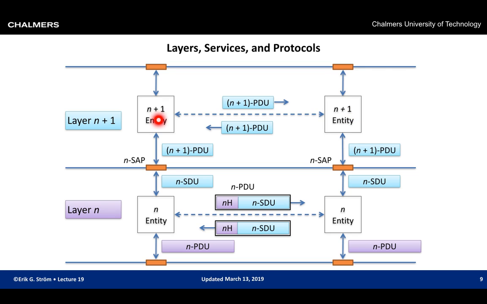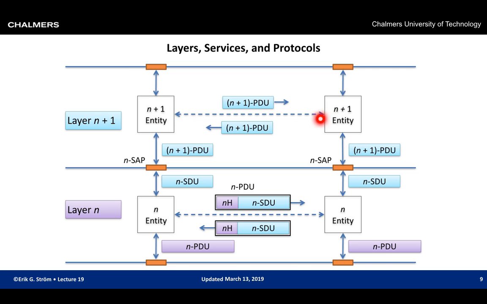What these entities do is exchange data back and forth to execute a protocol. They do that by sending protocol data units back and forth. This is the virtual communication with the protocol data unit.